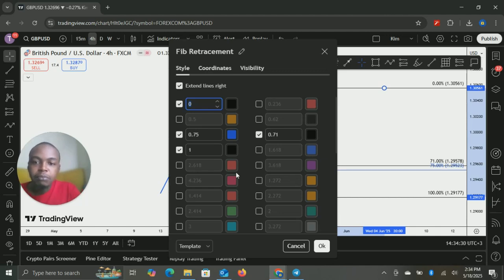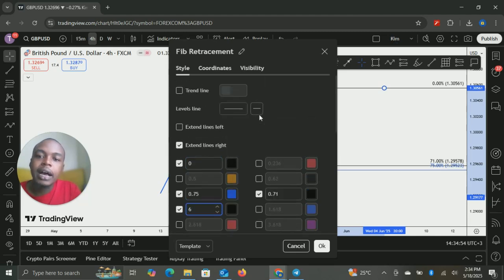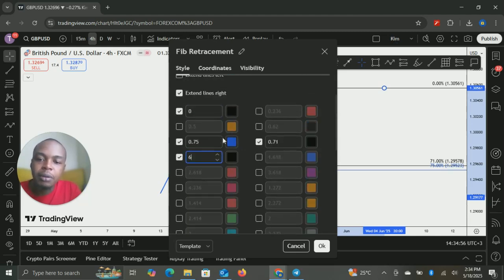Mine specifically, as you can see how I have highlighted above, I have highlighted the 0, the 0.75, the 0.71, or 71%, and 1. If you make these percentages, this one will be 100.